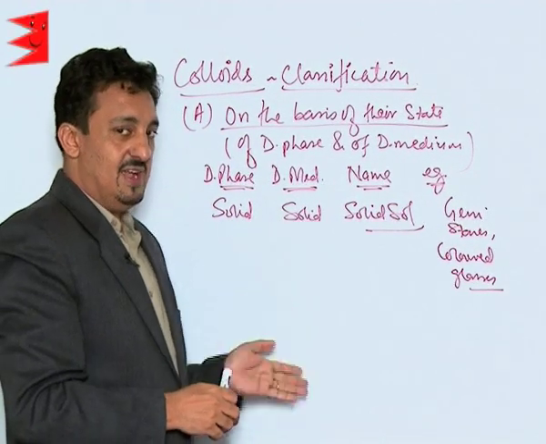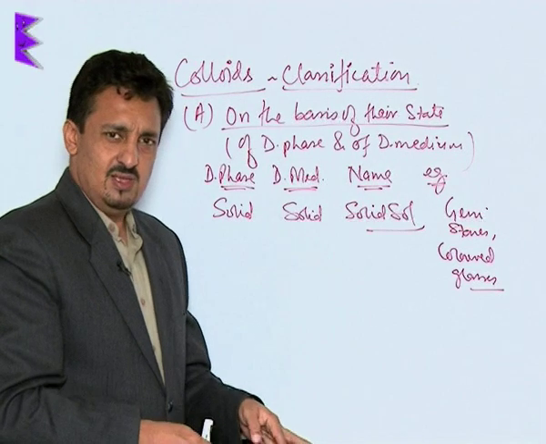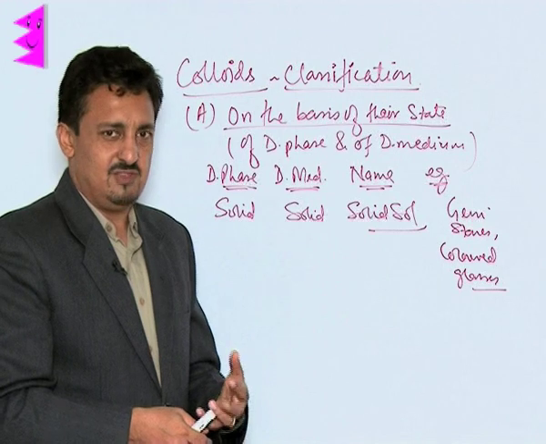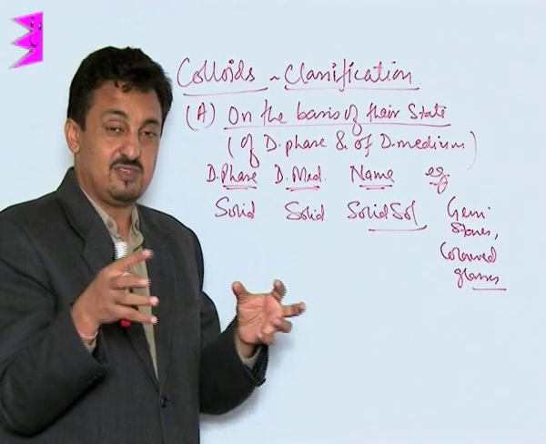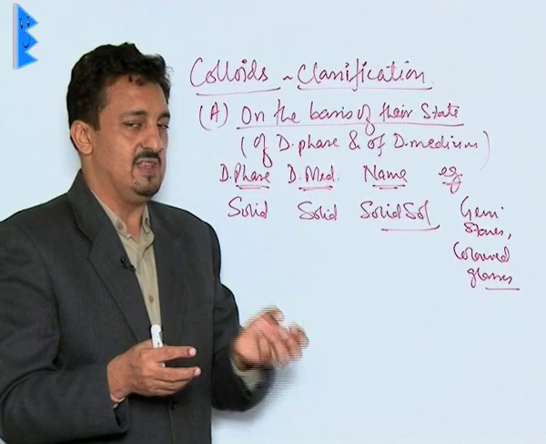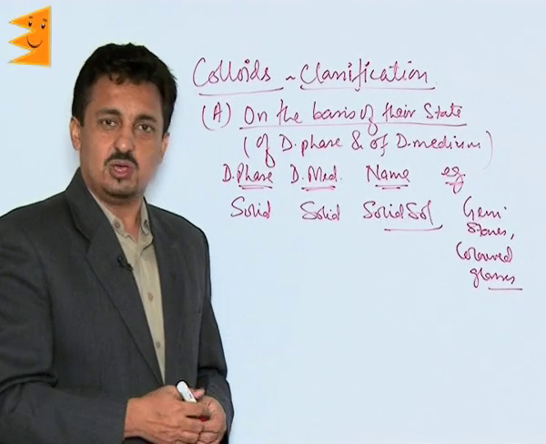Gemstones like ruby, sapphire, etc. are the best examples, or the colored glasses, because glass becomes colored when we add certain metals to it. So metals are solids in another solid. It's an example of a solid sol.